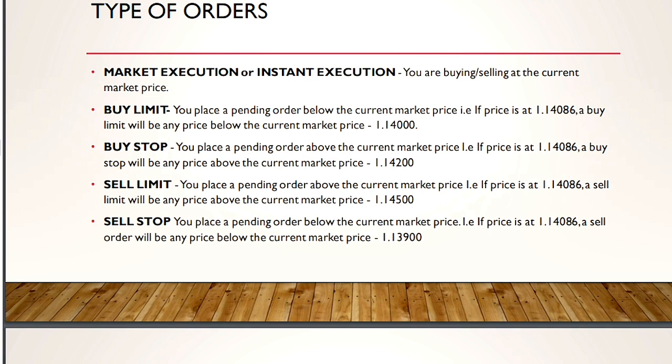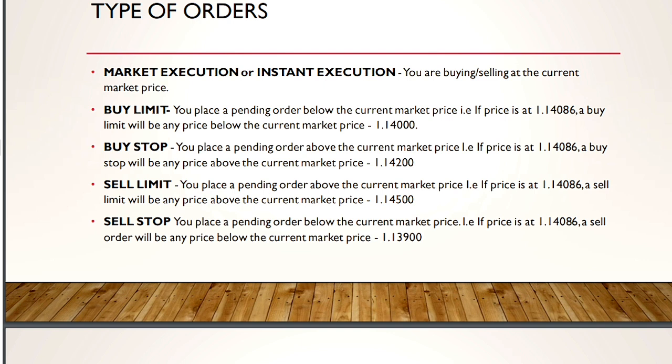The same way here, buy limit means you place a buy order below the current market price. For example, if price is at 1.14086, a buy limit will be any price below the current price, either at 1.140000 or 1.4. Anything below the current price is a buy limit.